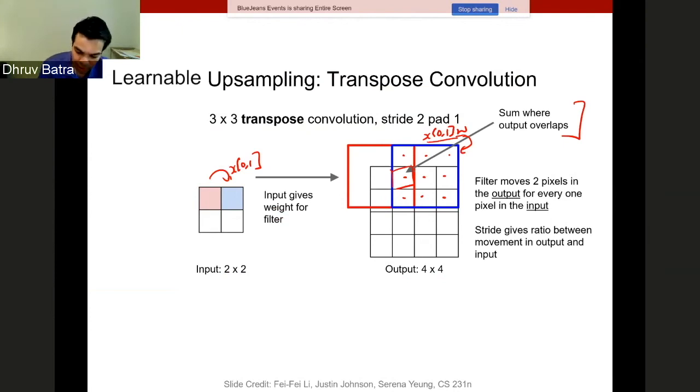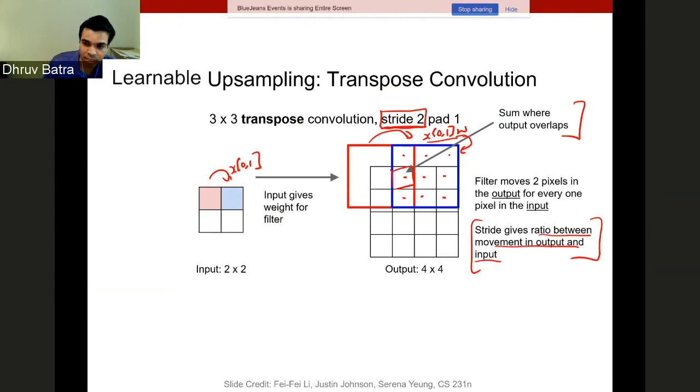So the interesting thing is stride in transposed convolution skips over pixels in the output, and does not skip over pixels in the input. Stride in transposed convolution gives you the ratio between movement in output and movement in input, which is the dual operation of stride in regular convolution.